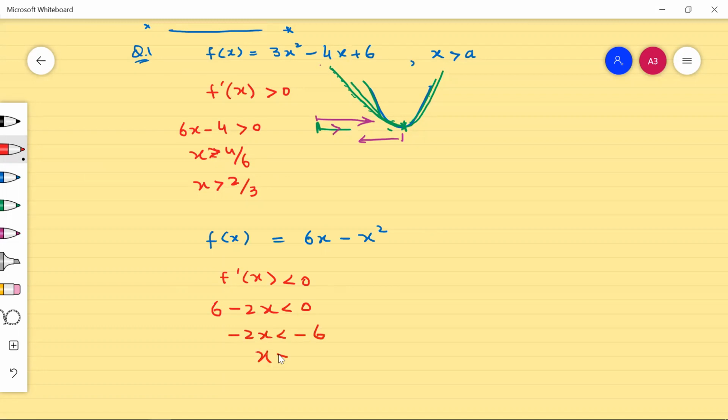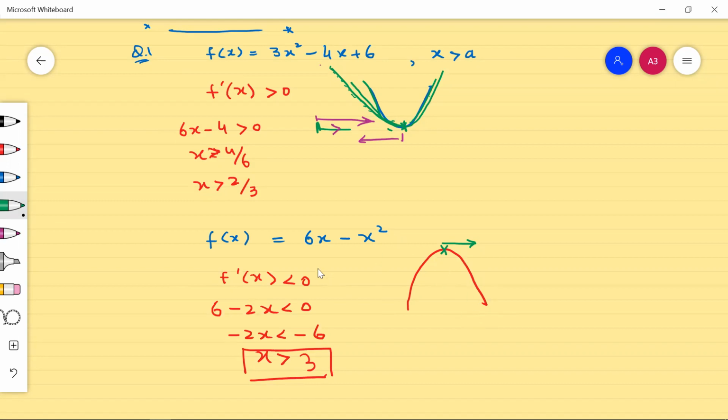So x would be greater than 3. So the function is decreasing where x is greater than 3. If you look at this, the curve of this function would open downward. This is the vertex or stationary point, and when we move in this direction, the function is moving downward. So this is the value of x. When x is greater than 3, we have a decrease in the function.